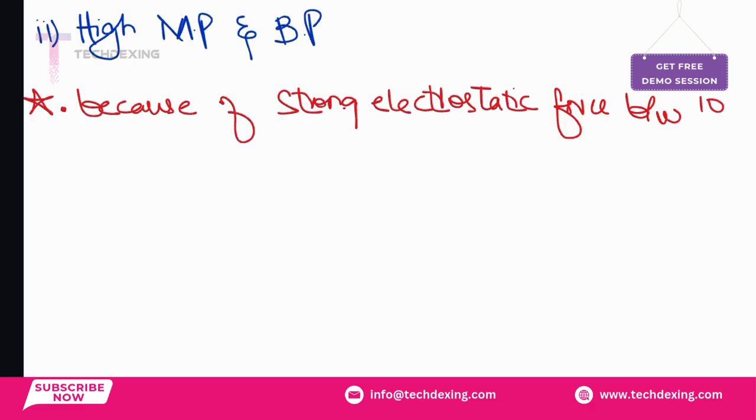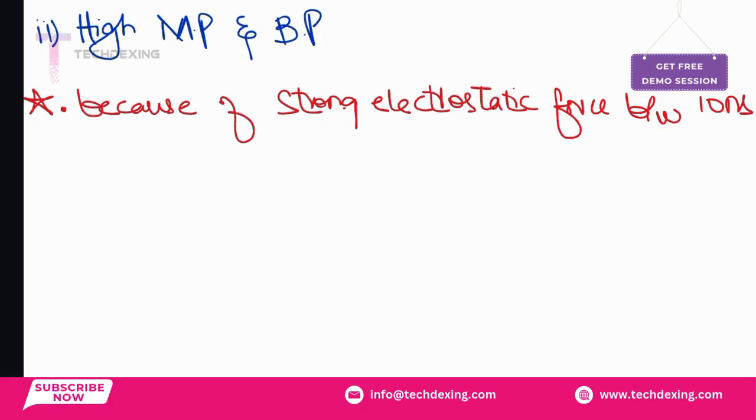When we have to melt a solid, or boil anything, we have to separate the ions, and we have to supply a lot of heat to separate the ions. So that's why the melting and boiling points of the ionic compounds are very high.